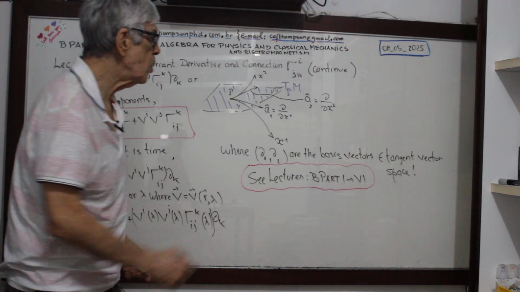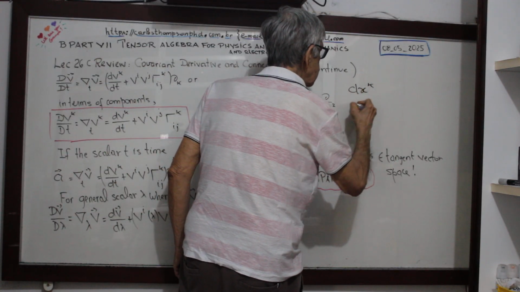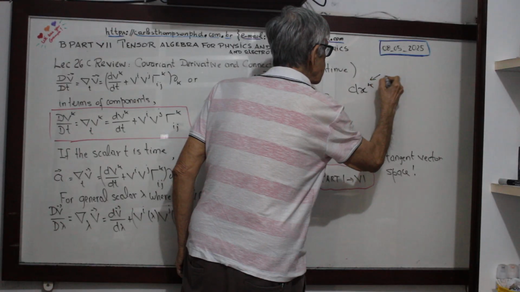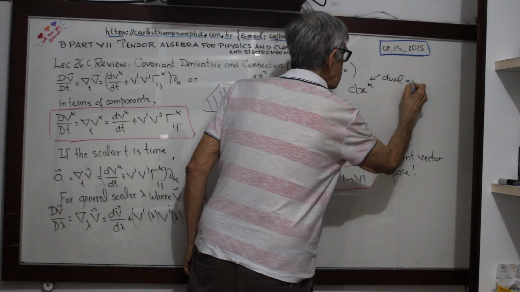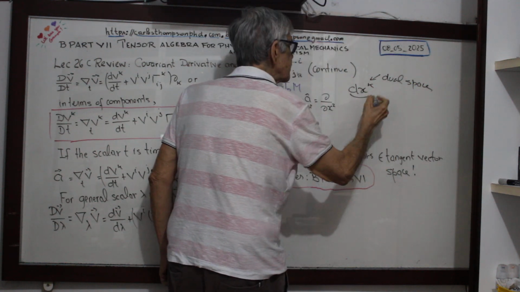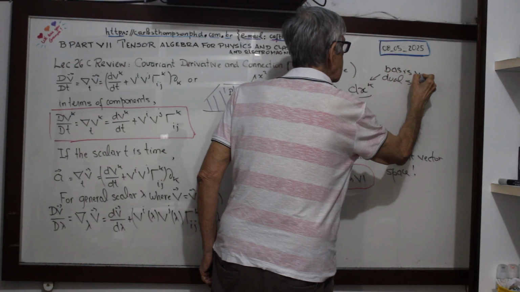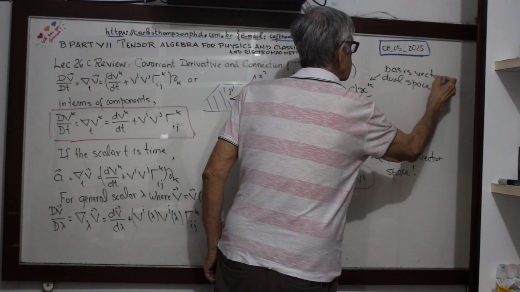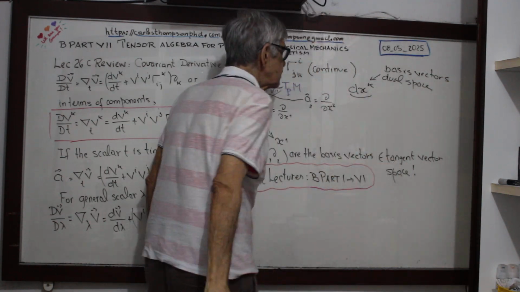The dual will be dx^k. You see, this is a dual space. Those are basis vectors. k in this case is free.